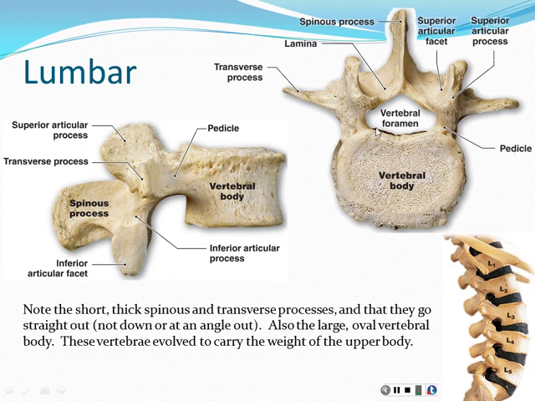All right. And then the lumbar. The easiest thing to see about these is that they're big and heavy and durable. The reason for that is in the human being, the lumbar spine has to support all the weight of the whole top half of the body. In our four-legged friends, we don't see that, because they distribute their weight to their forepaws and their back paws.